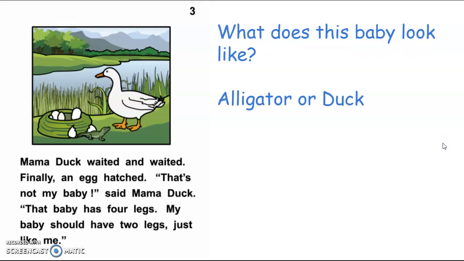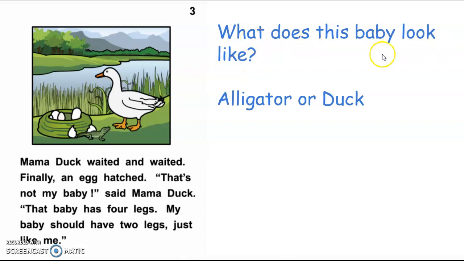Mama Duck waited and waited. Finally, an egg hatched. "That's not my baby," said Mama Duck. "That baby has 4 legs. My baby should have 2 legs, just like me."